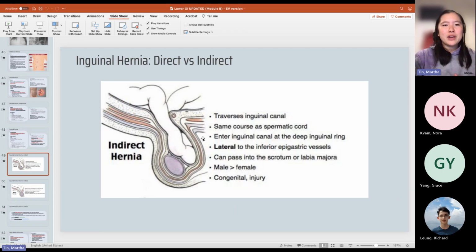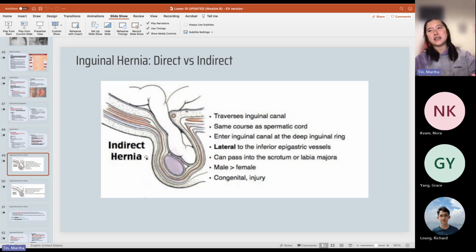So here we have an image of an indirect hernia. I always thought the naming of it is not intuitive, and we'll explain why here. The indirect hernia actually enters the inguinal canal where things are supposed to enter. It enters in the deep inguinal ring, and an easy way to remember it is that this is far more likely to be congenital, and far more likely to be seen in young males, because it's from a patent processus vaginalis.